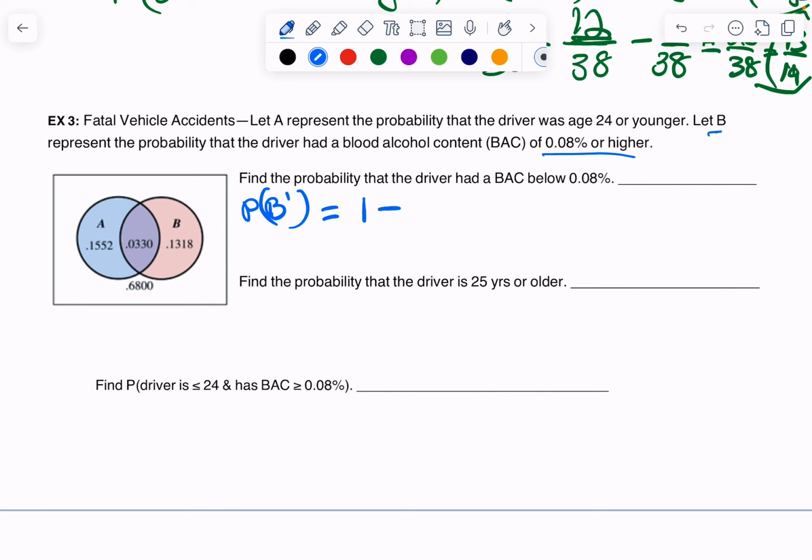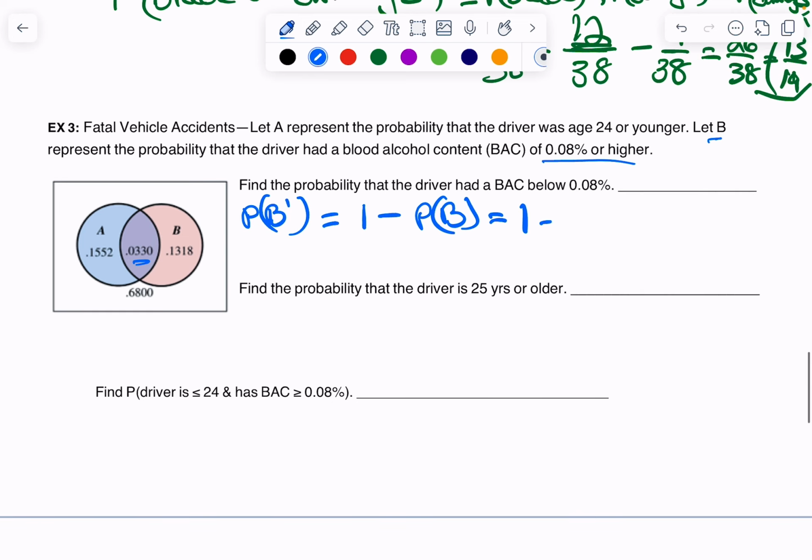And we're going to take the probability of B. So everything that's inside the circle B, so 0.0330 plus 0.1318.